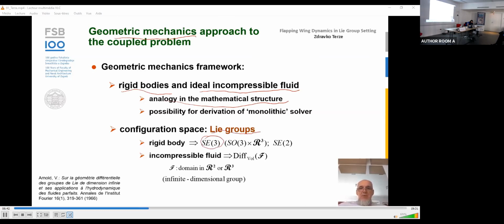Special Euclidean group in the context of rigid body, or direct product between rotation group and translations, and in the context of incompressible fluid, we have volume-preserving diffeomorphism. In both cases, we are completely equipped to deal with 3D dynamics. However, sometimes 2D approach has its benefits, and we will use both approaches in this presentation.